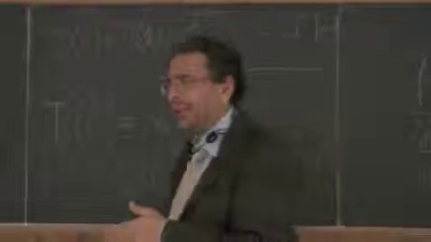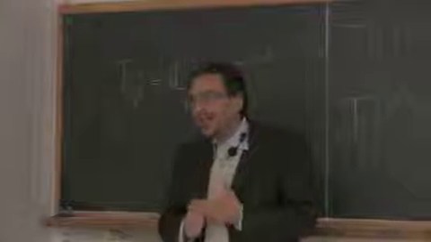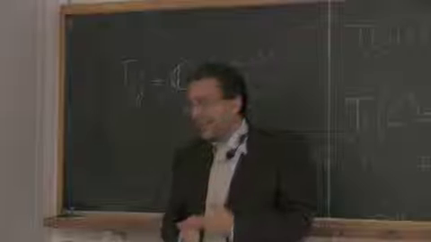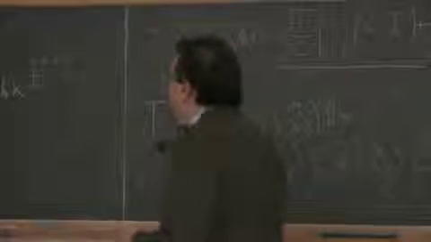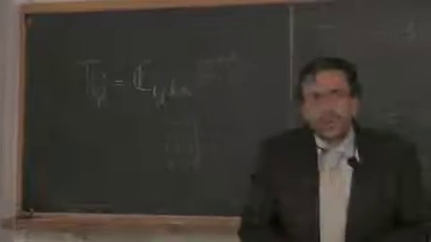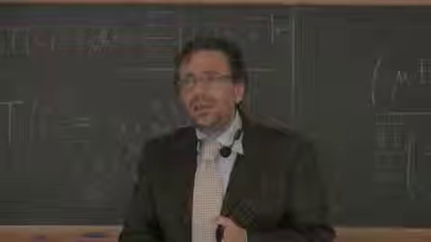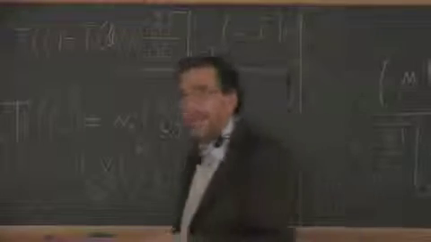Another statement is this one: how many independent coefficients do you have for the most generic solid? I want to tell you that you have exactly 21 of them. So in order to characterize the most general linear elastic material, you need 21 coefficients.